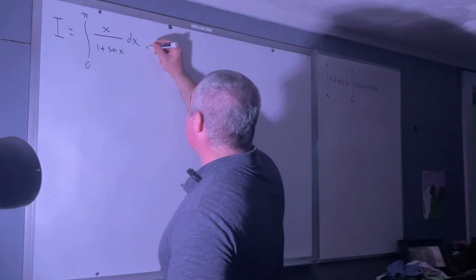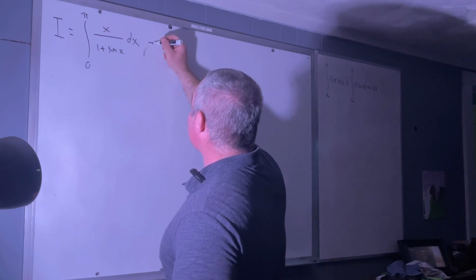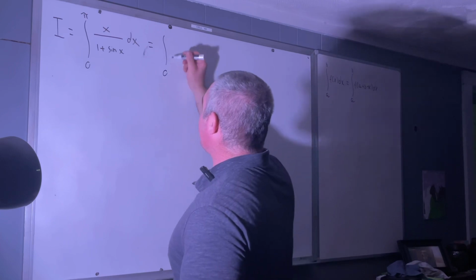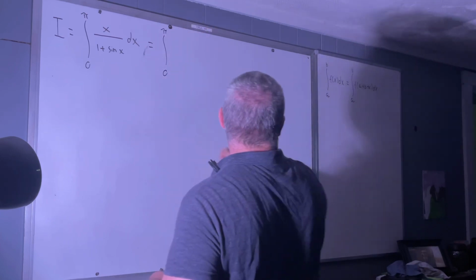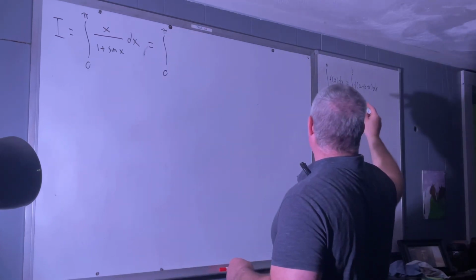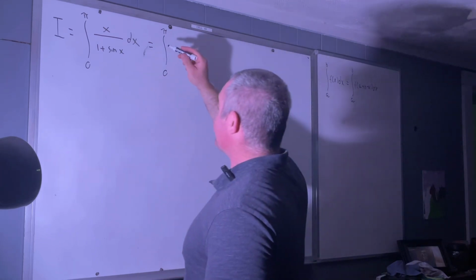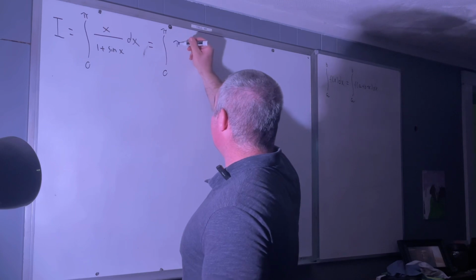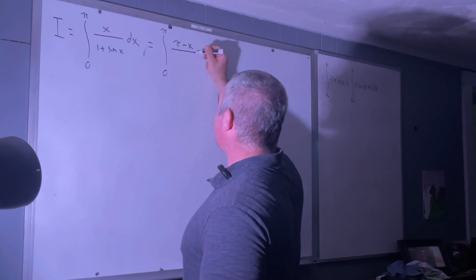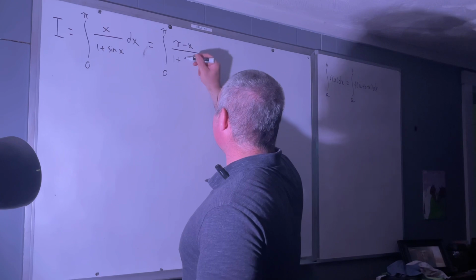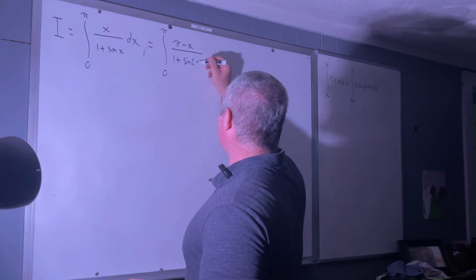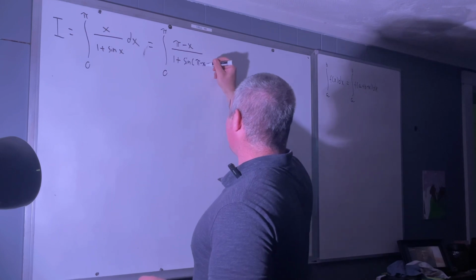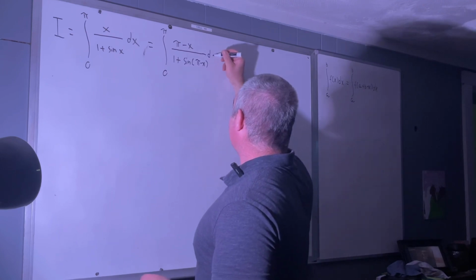So that means this is going to be equal to the integral. King's property does not change our bounds of integration, but now we're going to have f of a plus b minus x. So a plus b is pi, so pi minus x over 1 plus sine of a plus b, which is pi minus x, dx.